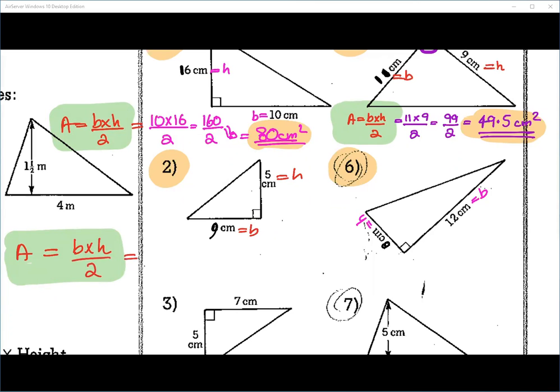So the base times height, 9 times 5, is 45. Then you have to do 45 divided by 2, which is 22.5. Finished. Well done.